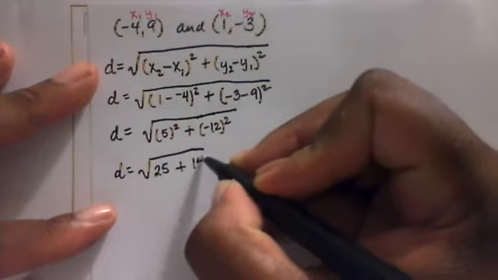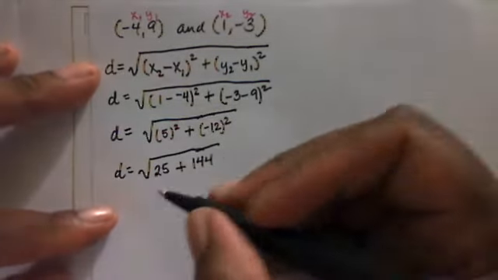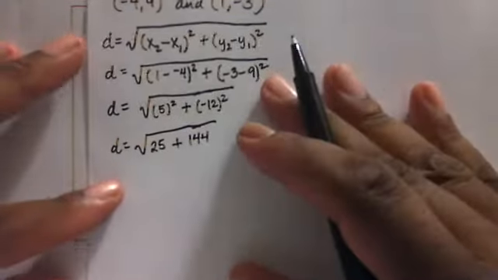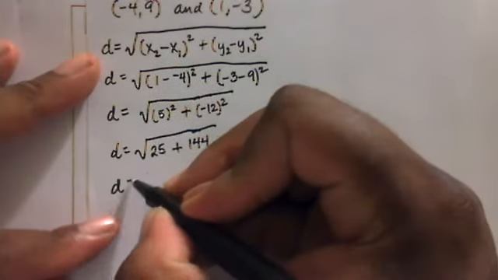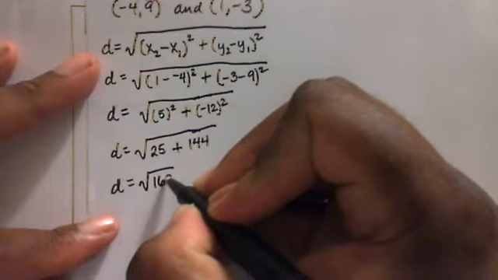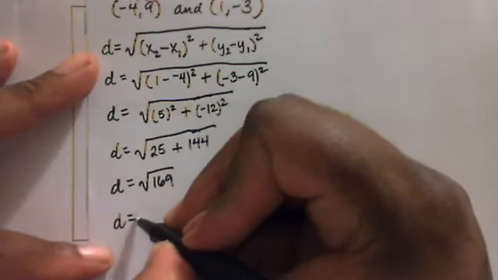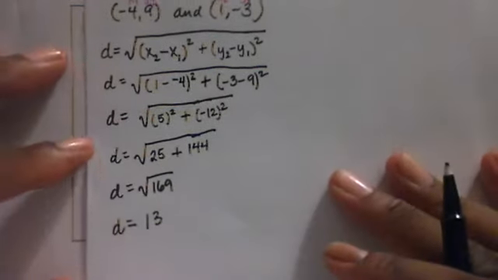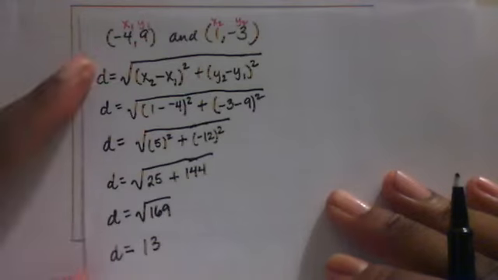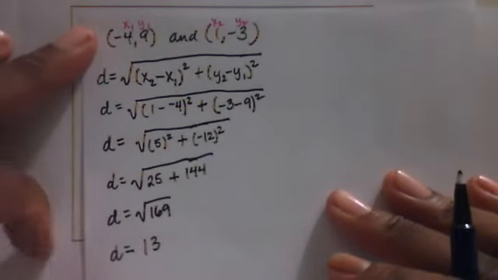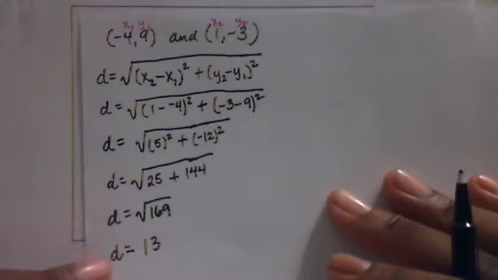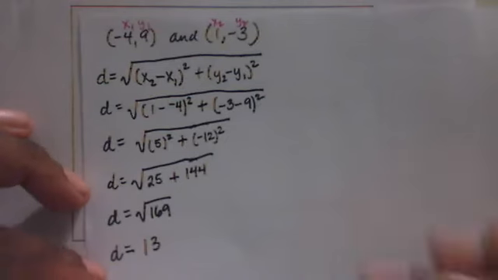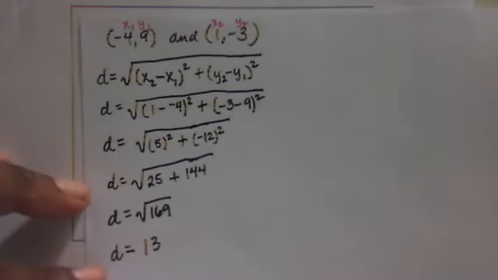That's 144. And then add 144 to the 25, you'll get 169. So now you can have the square root of 169, and the square root of 169 is 13. So the distance between those 2 points, -4, 9, and 1, -3, would be 13. Okay, so that's how we find the distance between 2 points using the distance formula.